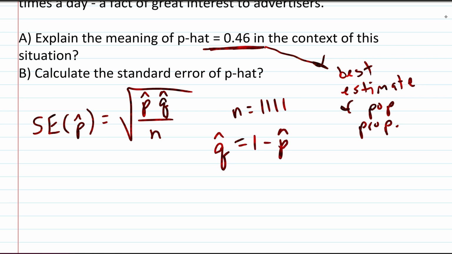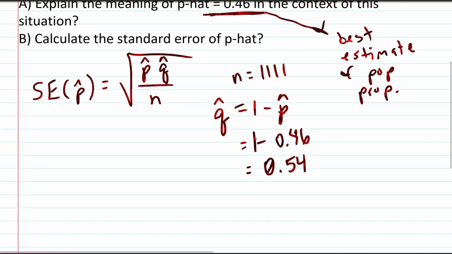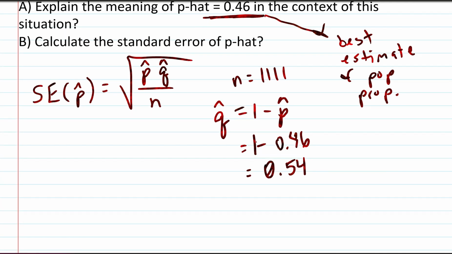So we'll substitute 0.46 for the p hat. So 1 minus that, and then that will leave us with 0.54. Okay, so with that information, we can go ahead and plug into this formula.